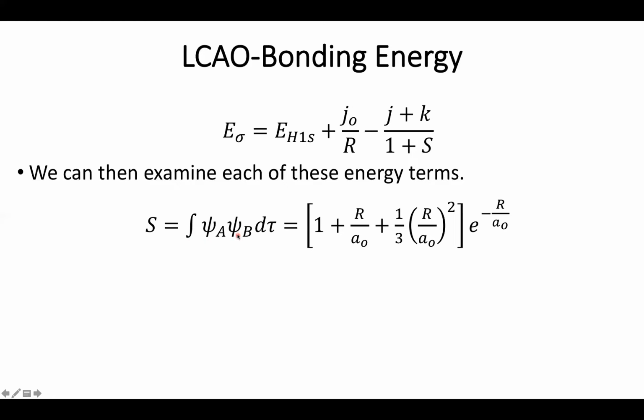It is going to be a dependence on the distance of our electron from atom A times atom B. So doing some clever bits of trig, you can turn those distances from the electron to the atoms into being dependent on just the distance between the 2 atoms.